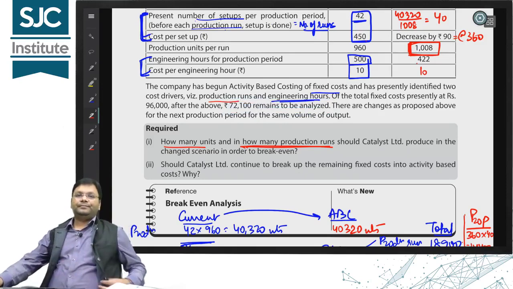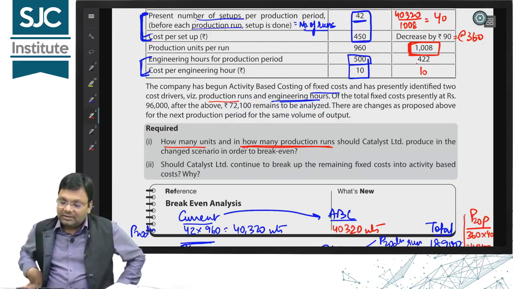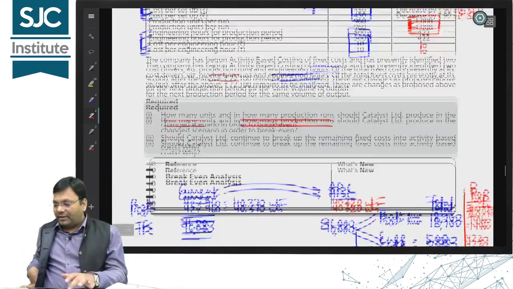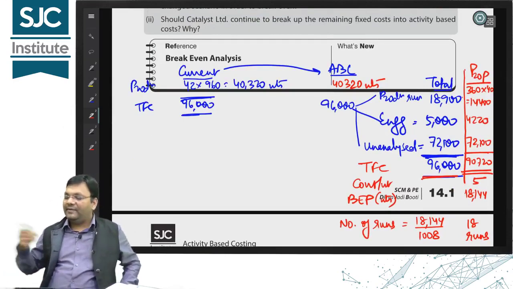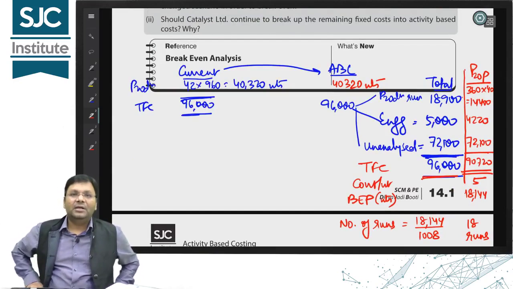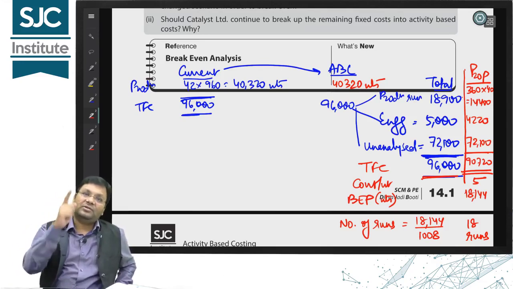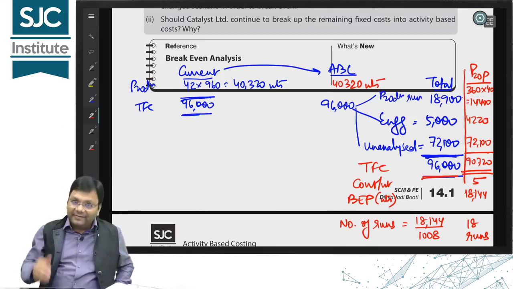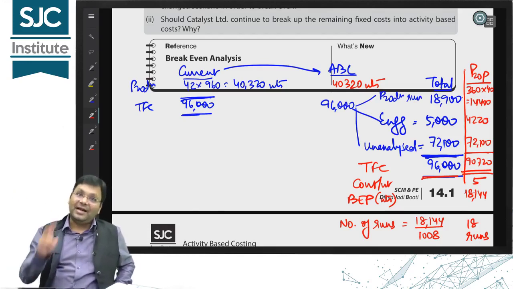You will say that first of all, the result here is showing that from 96,000 by breaking into activities we have been able to reduce this cost to 90,720. So we have been able to save something. So there might be some benefits in further breaking of cost, but at the same time you should not forget the cost of implementing ABC. So the savings that you will achieve should be able to recover the cost of further breaking the cost. That way you will write.